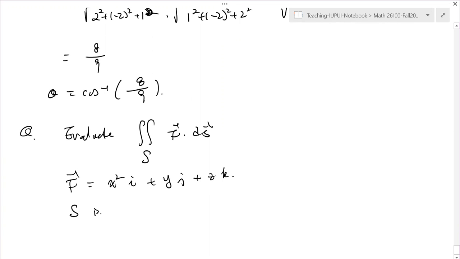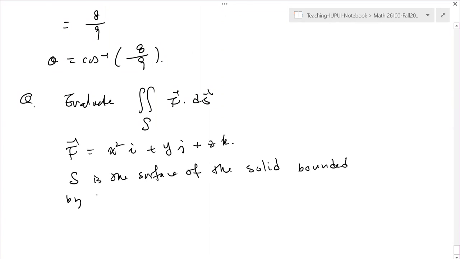Now S is the surface of the solid bounded by, so that means it's a closed surface, the cylinder x squared plus y squared equals 1, and the planes. I think we discussed this problem before.